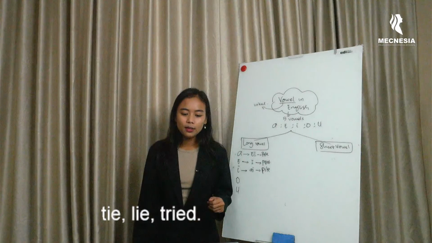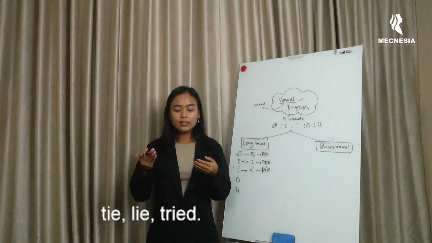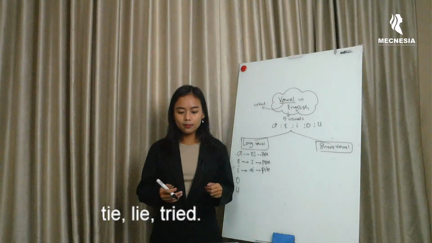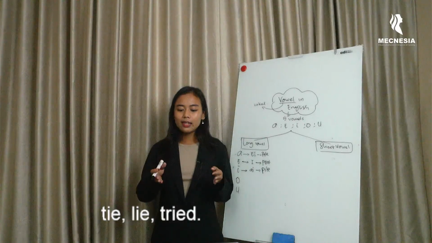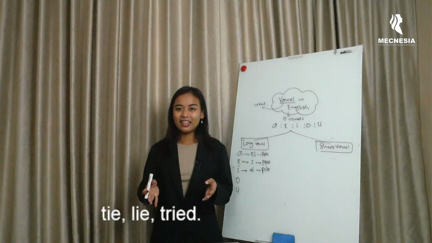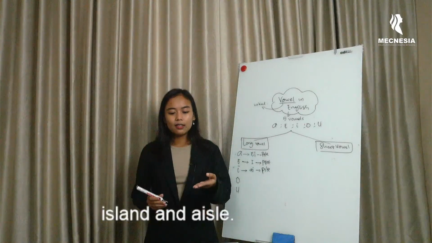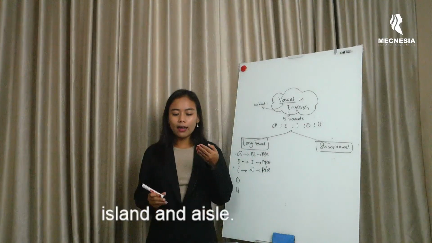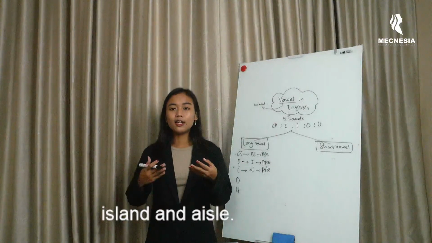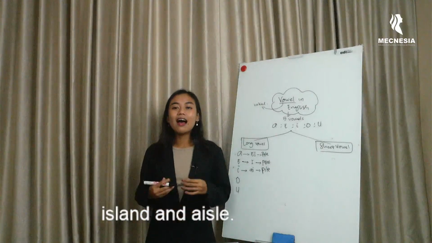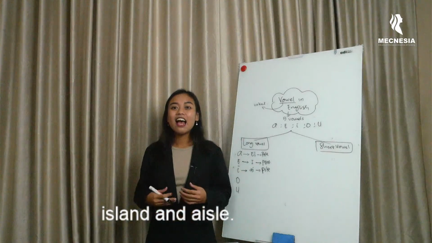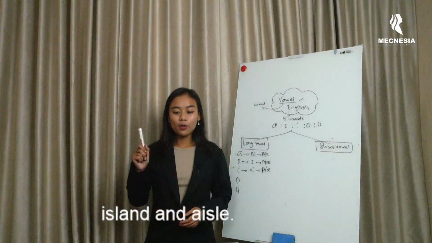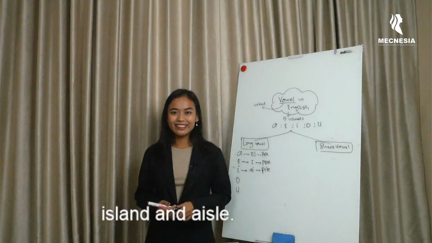The next one, we have the D rules, aturan yang D. When the I is followed with silent S, ketika huruf I-nya diikuti oleh S yang tidak dibunyikan. Seperti di kata island. One more time, island.